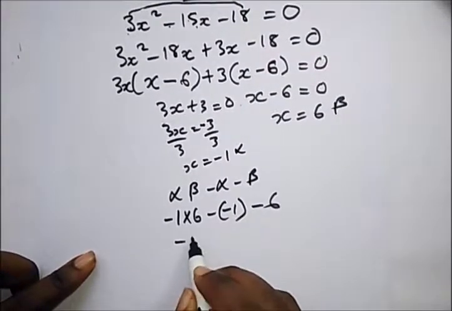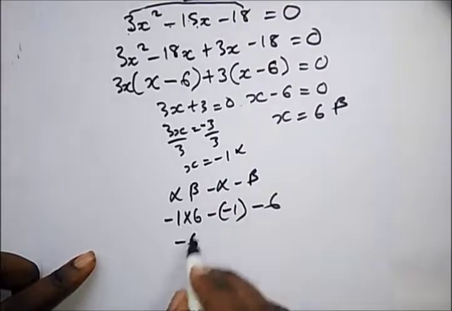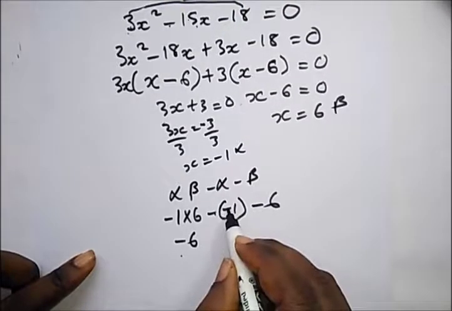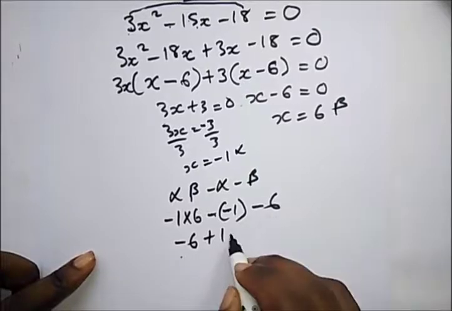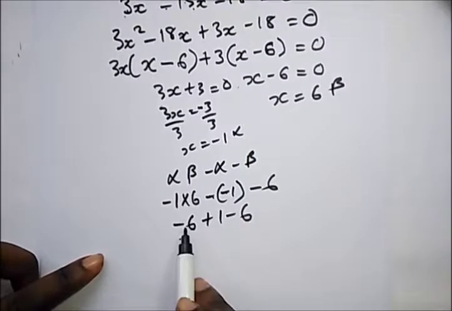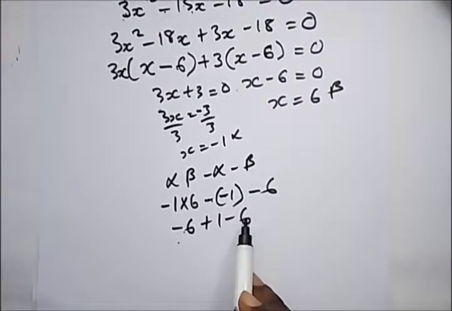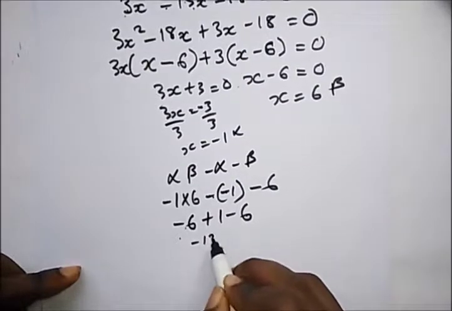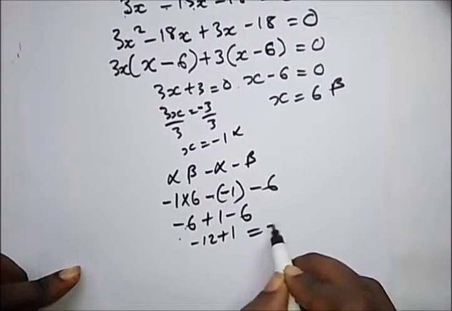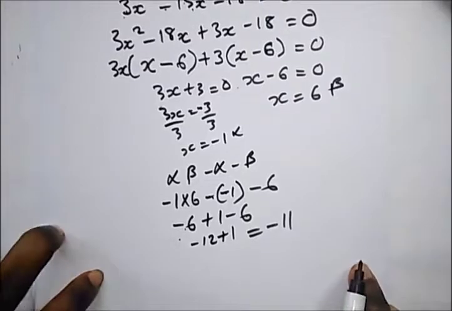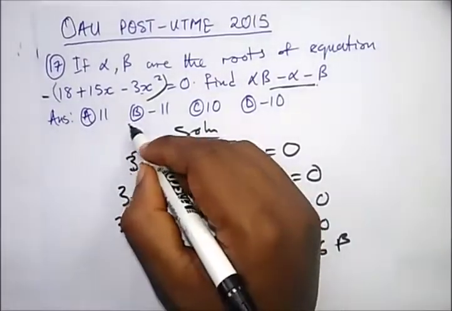So minus 1 times 6 is minus 6, then minus alpha is minus of minus 1, which is a plus 1, and minus 6. So we have minus 6 minus 6, that's minus 12. Minus 12 plus 1 will give us minus 11. So our correct option here is option B.